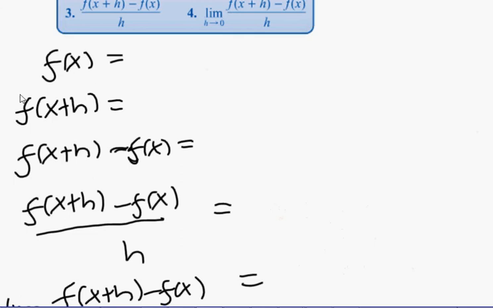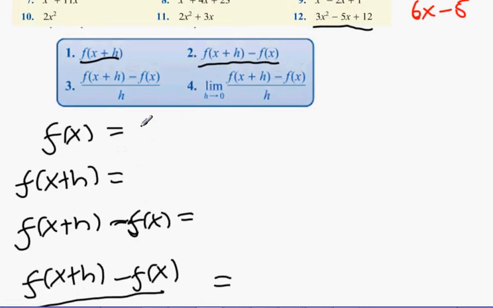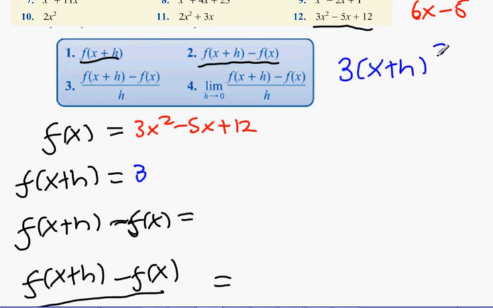Now look at this. It's going to be 3x squared minus 5x plus 12. Step 2. x plus h. Now what I'm going to do is 3 times x plus h squared up here, just to save space. It's going to be 3 times x squared plus 2hx plus h squared.